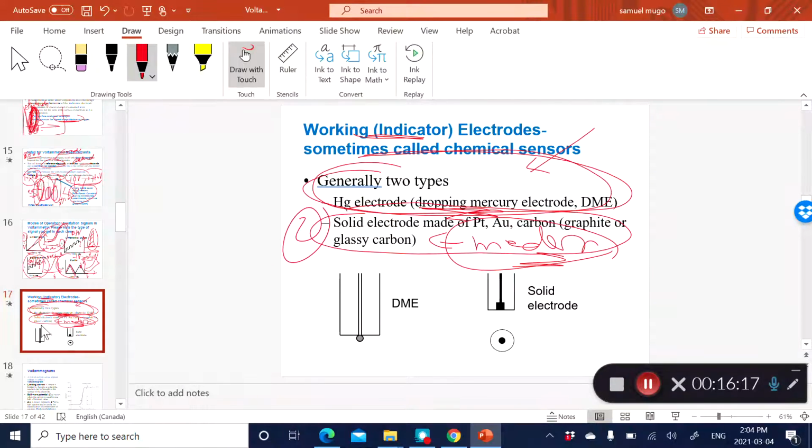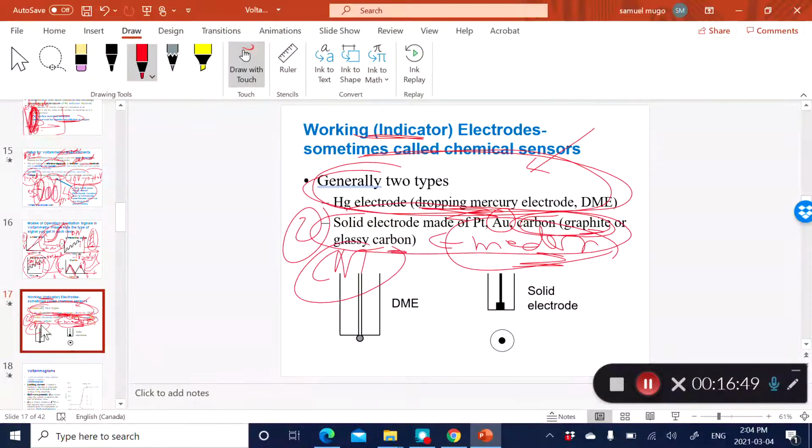The other types of electrodes really are things like platinum. You can use gold, but of course platinum and gold are fairly expensive. So I think the most prevalent type of electrodes now are the carbon-based electrodes, something like graphite, which is very inexpensive. You can use carbon nanotubes, which is another allotrope of carbon, a lot more conductive compared to graphite.